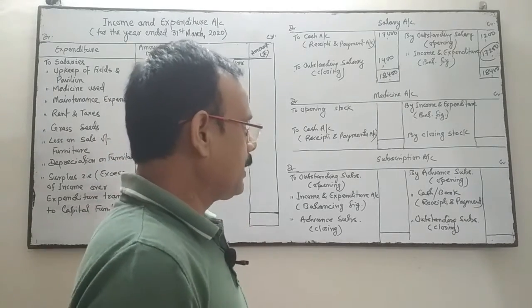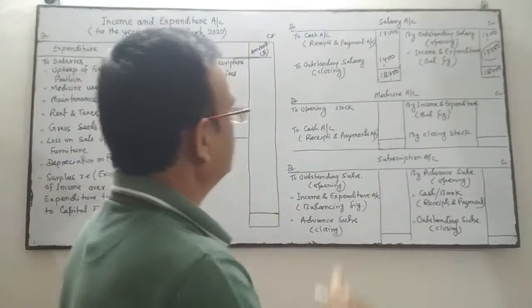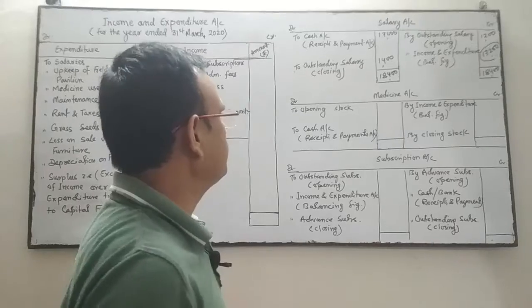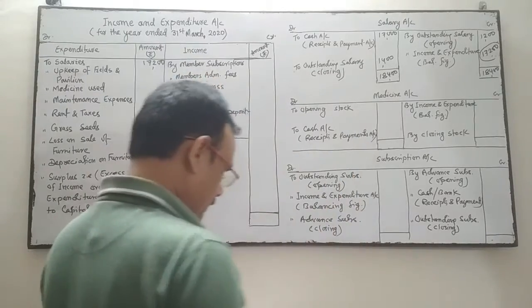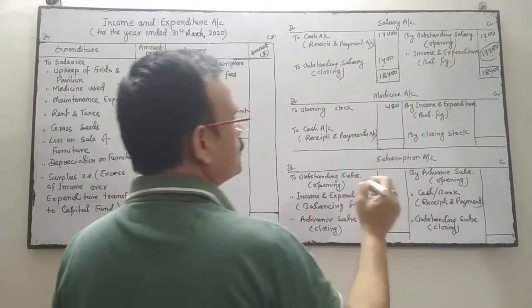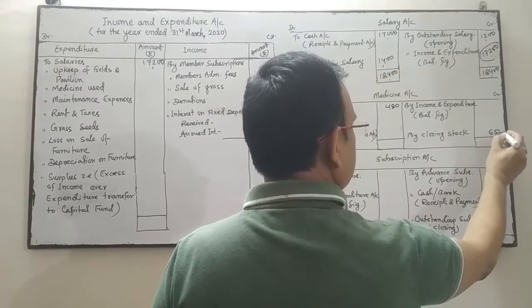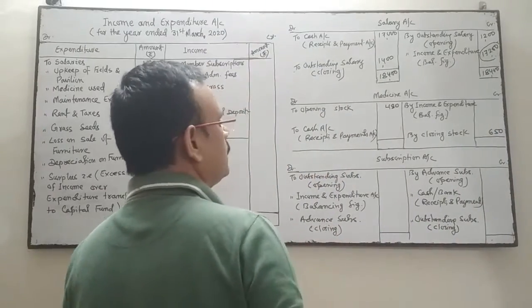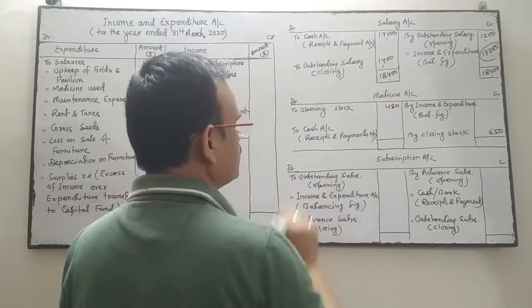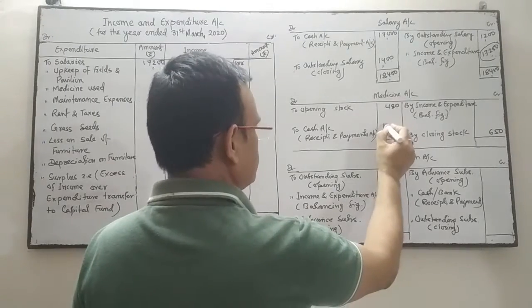Similarly, we do the working related to medicine. In point number 3, information regarding medicine has been given. Opening stock of medicine is 480. Closing stock of medicine is 650. And amount paid for medicine, which is given in the receipt and payment account payment side, 4,000.